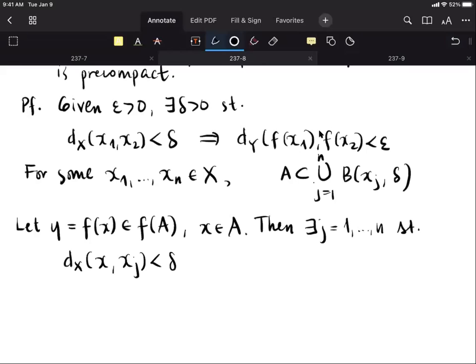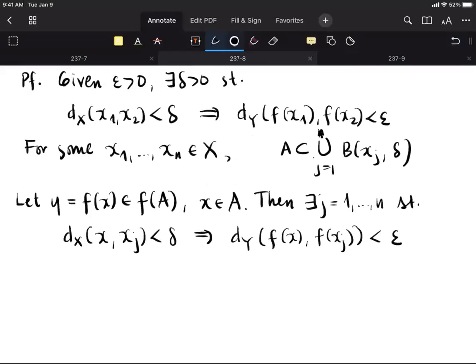Applying the uniform continuity here, we see that the distance between f of x and f of xj is less than epsilon. In terms of the open ball, f of x is in the ball in Y having center at f of xj with radius epsilon.